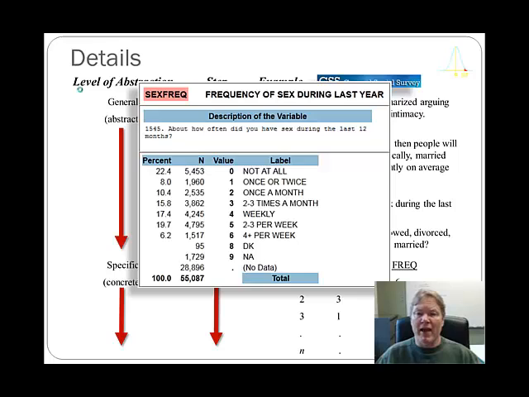It relies on the fact that people be honest with us, that people neither inflate nor deflate their particular estimate of their sexual frequency. It requires that everybody use the same definition of what sex is, and it's not clear that people do that. So while this measurement is the one we're going to use, and it's available in the General Social Survey, so I like using this particular variable, understand that to some extent it's not exactly clear what it is we're measuring.